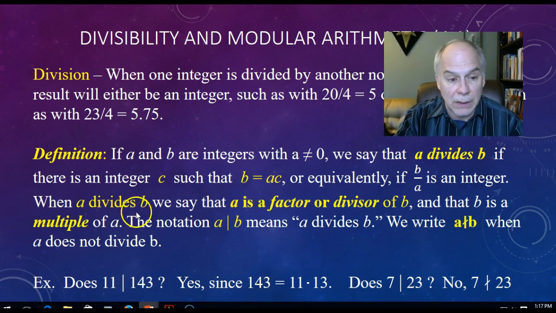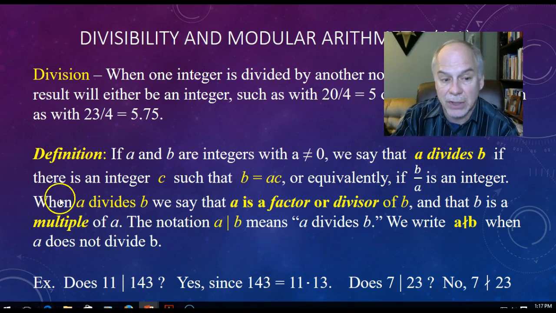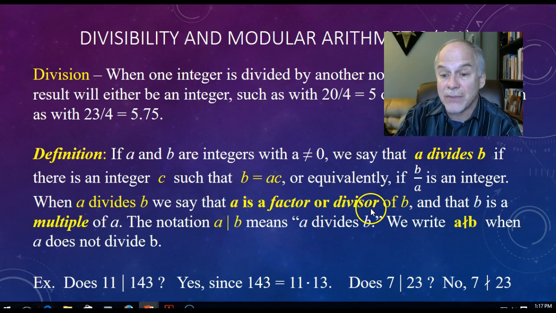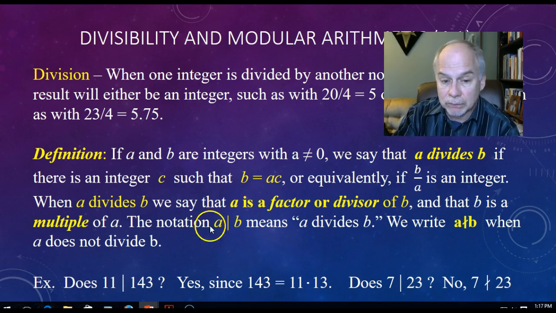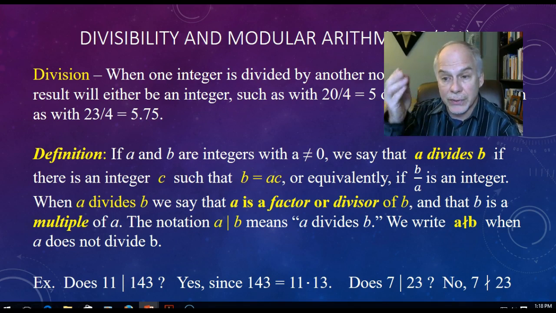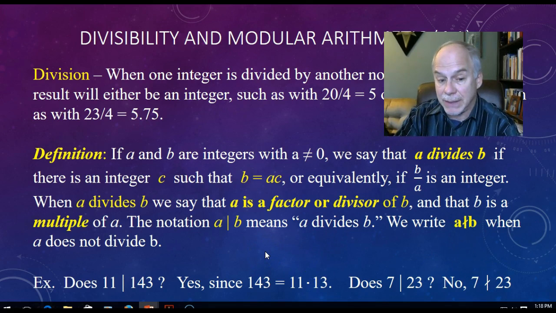Now, continuing in the definition, when A divides B, we say that A is a factor or a divisor of B, and that B is a multiple of A. Now, we use this notation with a vertical line. The notation A divides B. All right. Now, we write A does not divide B by putting a slash through the vertical line to mean A does not divide B.